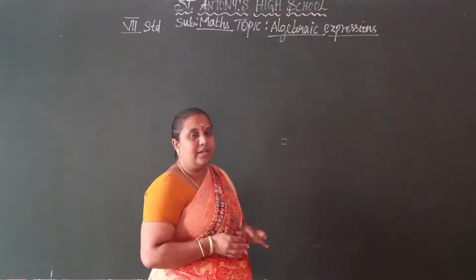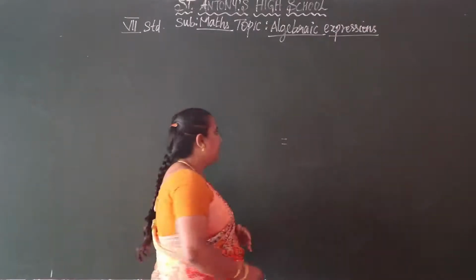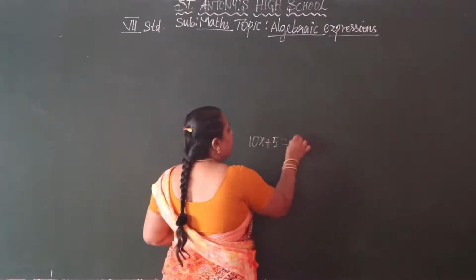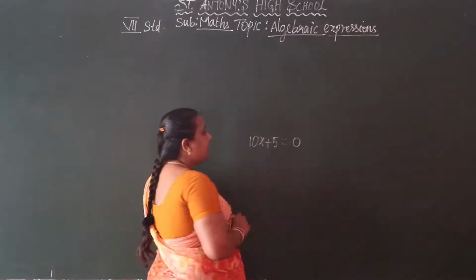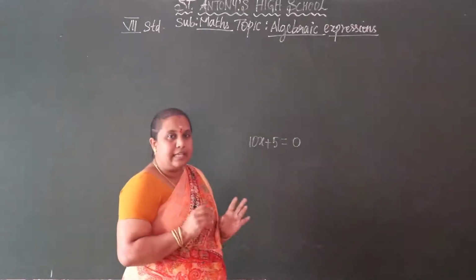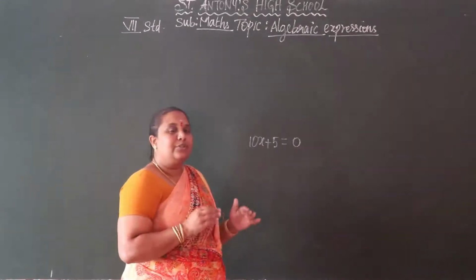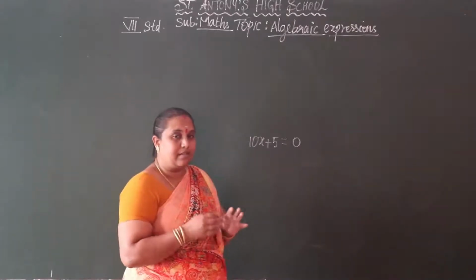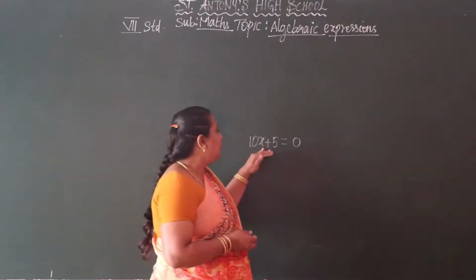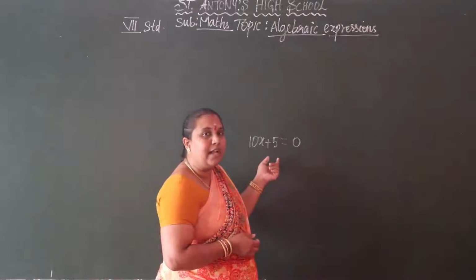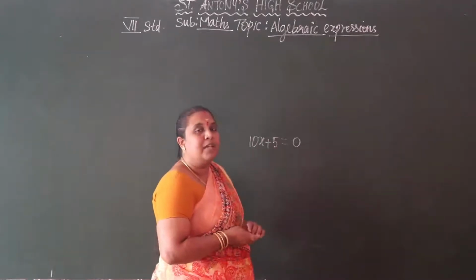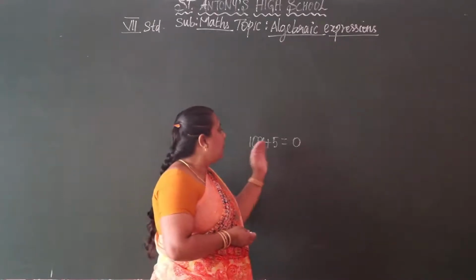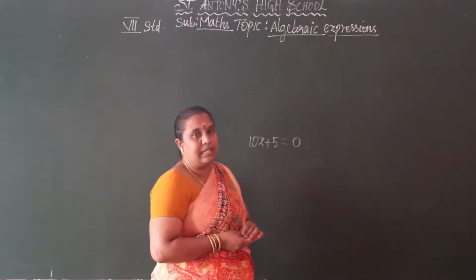Let us take one simple equation: 10x + 5 = 0. This can be true for some values. We are substituting the value of the variable here, and then we get the value of this equation.